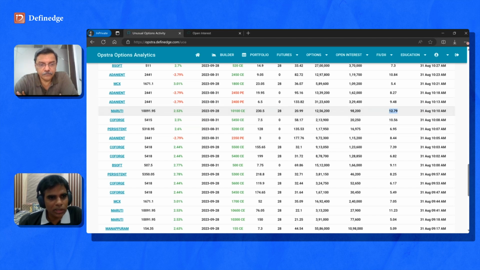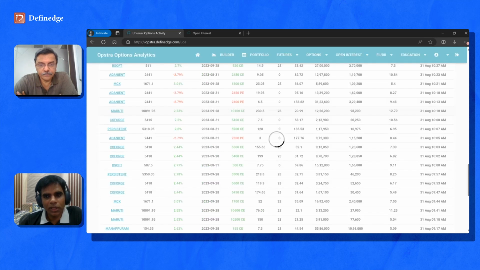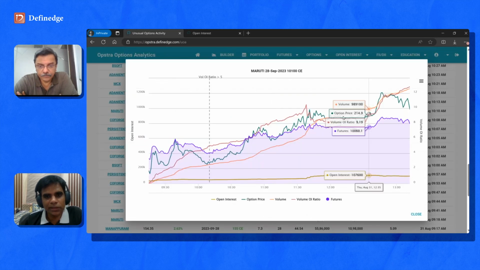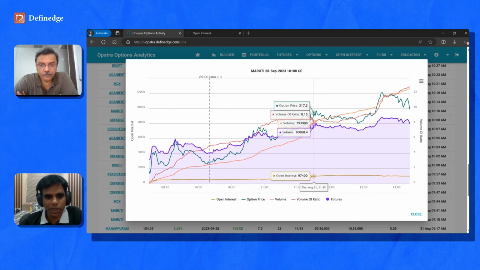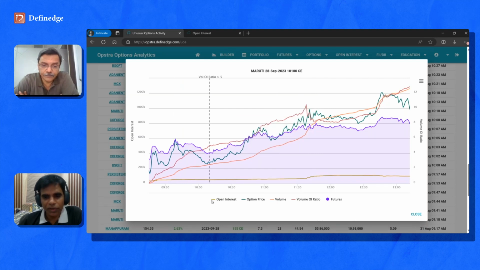If I click on this, it will show me all the information required to analyze that particular strike price. There are 5 different pieces of information that you can gather here.